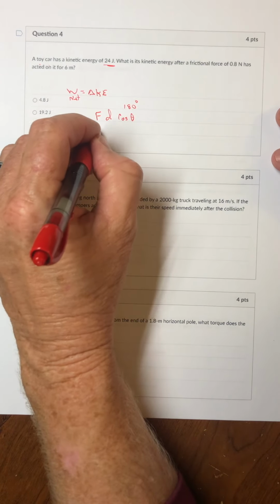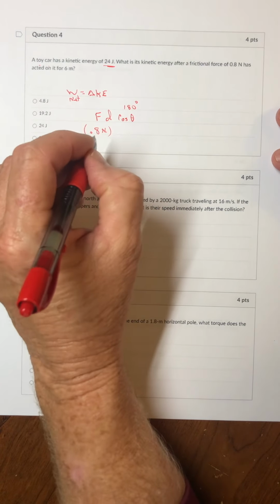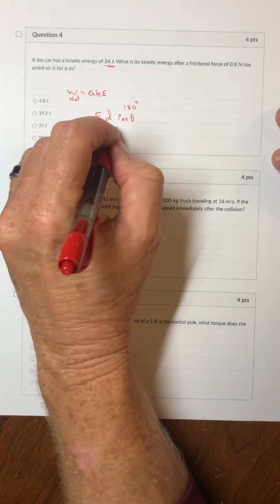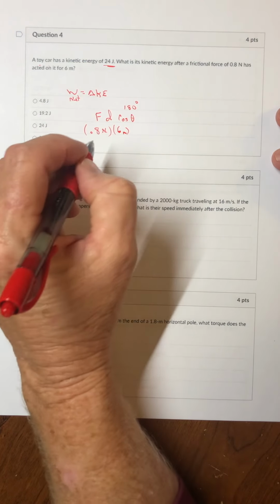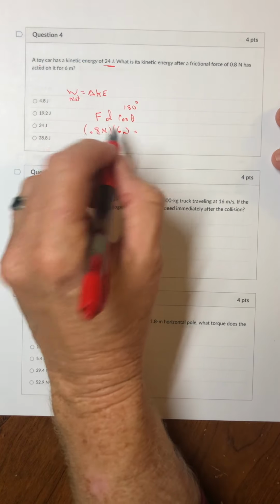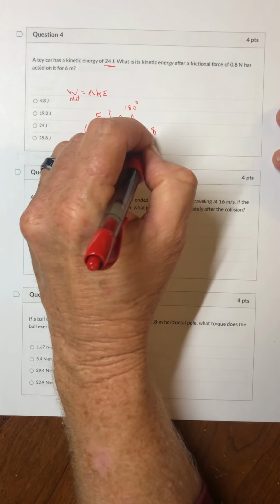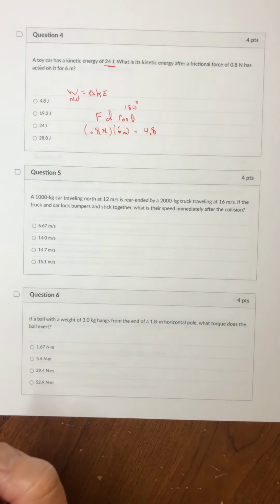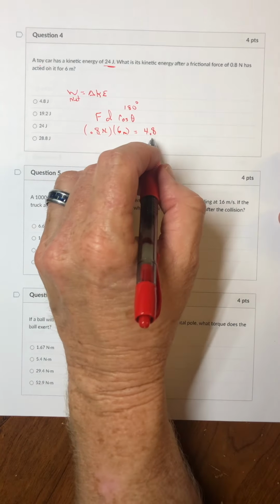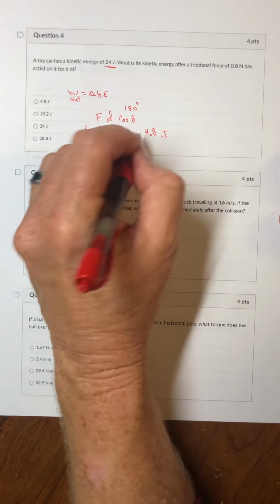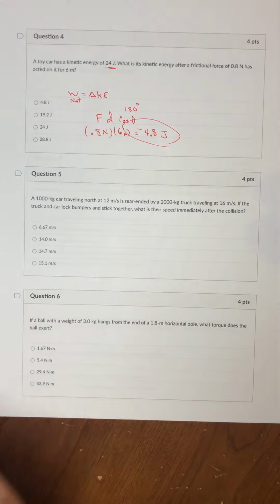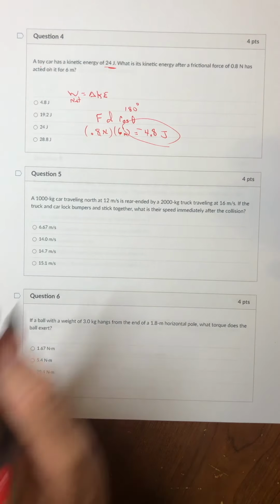And so we've got 0.8 newtons, and it goes for 6 meters. Let's see, 8 times 6 is 48, and then 1 decimal place. Okay, so it's 4.8 joules and negative. It's a decrease in kinetic energy.